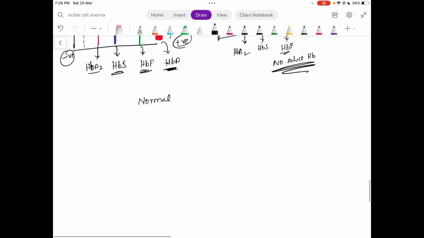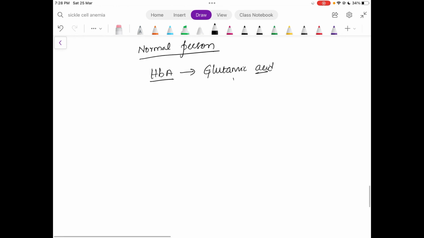In a normal person, hemoglobin A is present. That hemoglobin A has a glutamic acid. This glutamic acid will provide a negative charge.